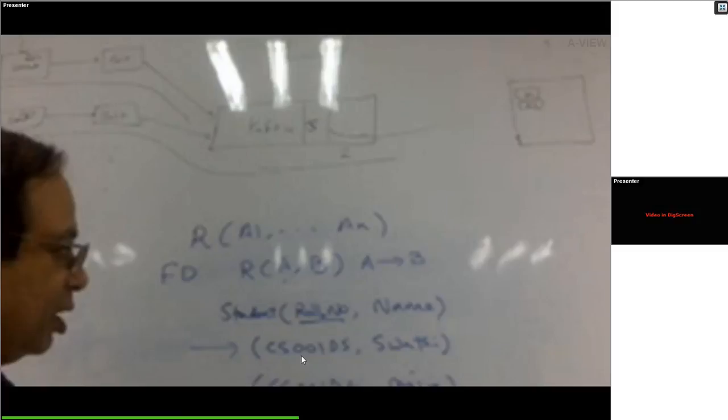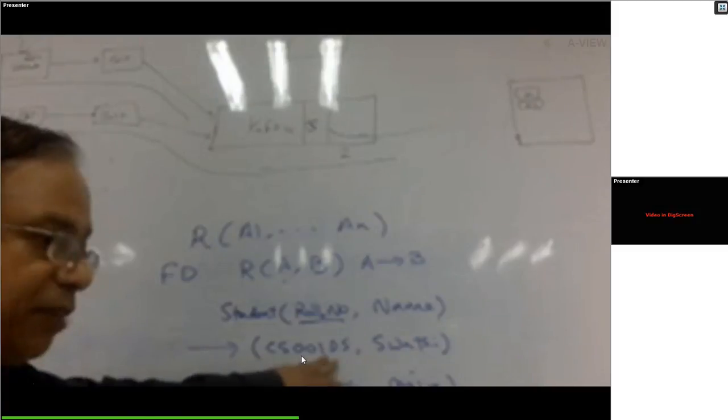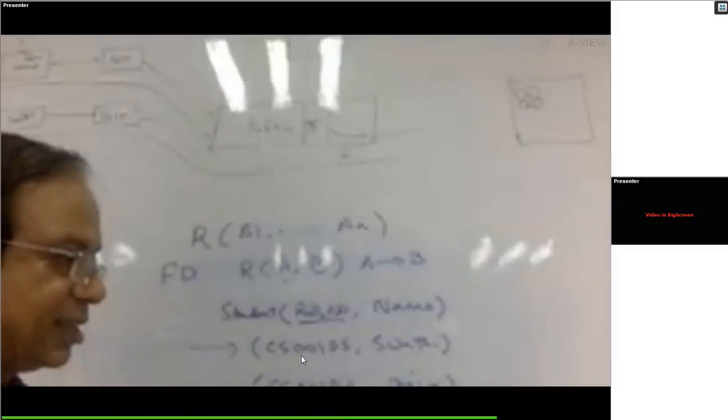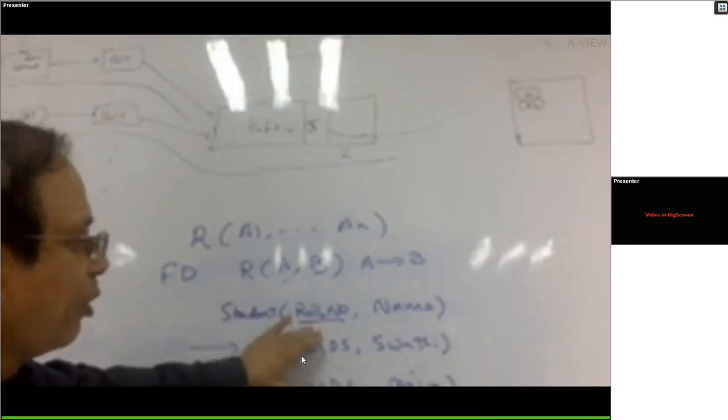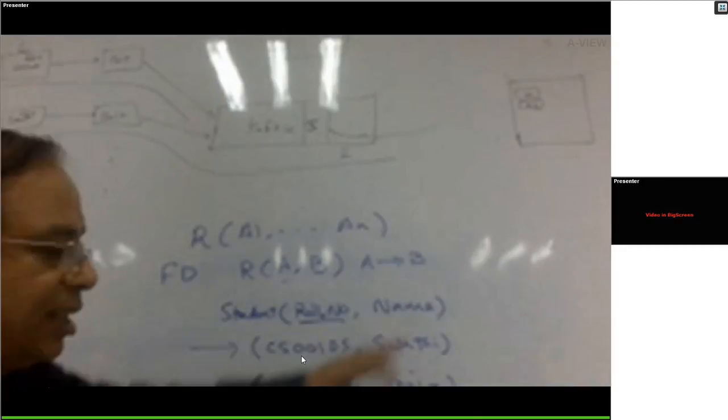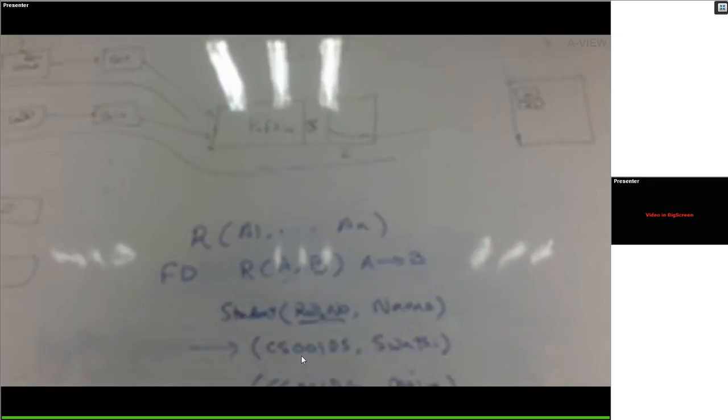Because given CS001D5, I no longer can say this is the student name, because both Swati and Maya are possible for this roll number. So there is no functional dependency between roll number and name, which means given a roll number, you can't uniquely determine the name.